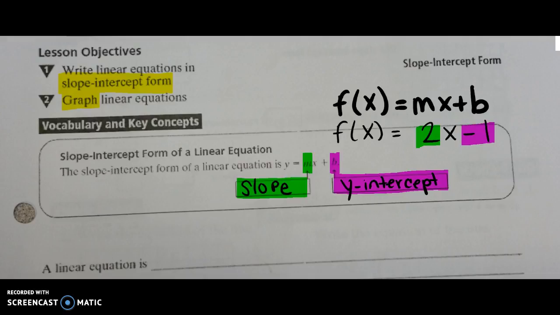Say, for example, we had negative 2x minus 1. Our slope would also take the sign in front of the number. So our slope would be negative 2 or negative 2 over 1.